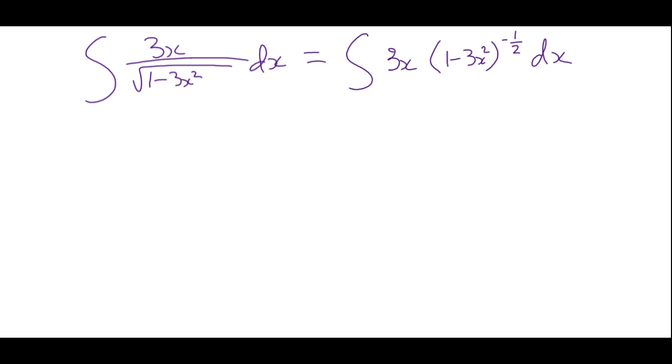One minus 3x squared, right? We could very easily take the integral of something to the negative a half. It would be a lot easier if that something were just a single variable, right? So fine. So we say, let u equal 1 minus 3x squared. Then what's du?